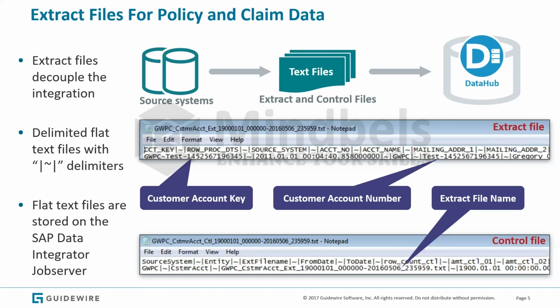Now I have to load the data from 1st April to 25th April. That ETL table, which has an entry for each entity, will hold the date, and whenever the delta load runs, it pulls the from date from there, gets the data from the source and pushes it to the data hub. So that's sort of a control table that is maintained within the data hub itself.